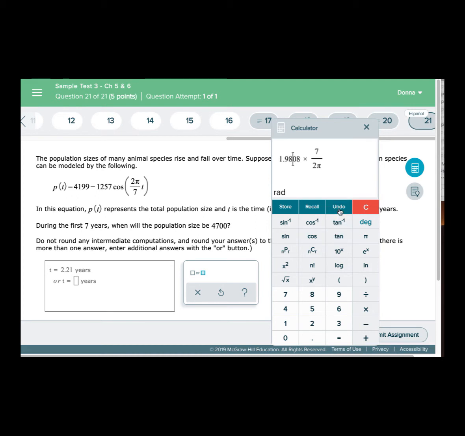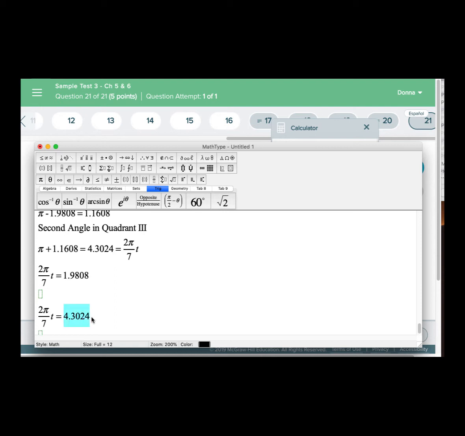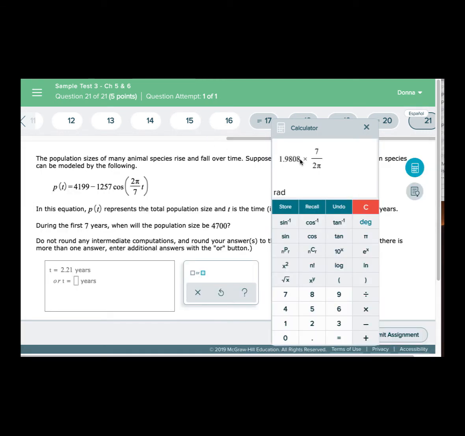Then if we substitute in our other value from the third quadrant, 4.3024, and multiply that by 7 over 2 pi, we get 4.79.